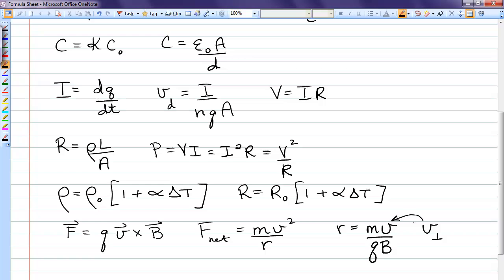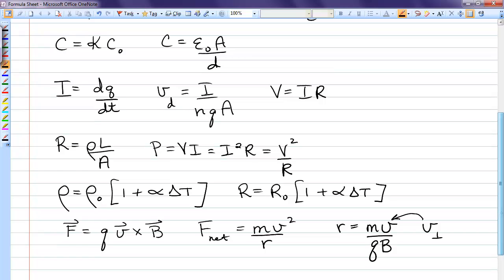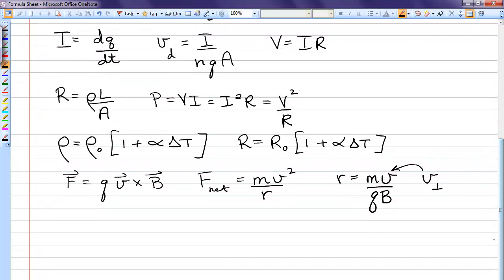It has to be the velocity component that is perpendicular to the magnetic field. That is what makes it go in a circle. Any velocity component parallel to the magnetic field simply doesn't change when the particle enters the magnetic field. So if you're doing helical motion problems, you'll need this equation for the circular part and just the regular equation, velocity equals distance over time, for the parallel parts.